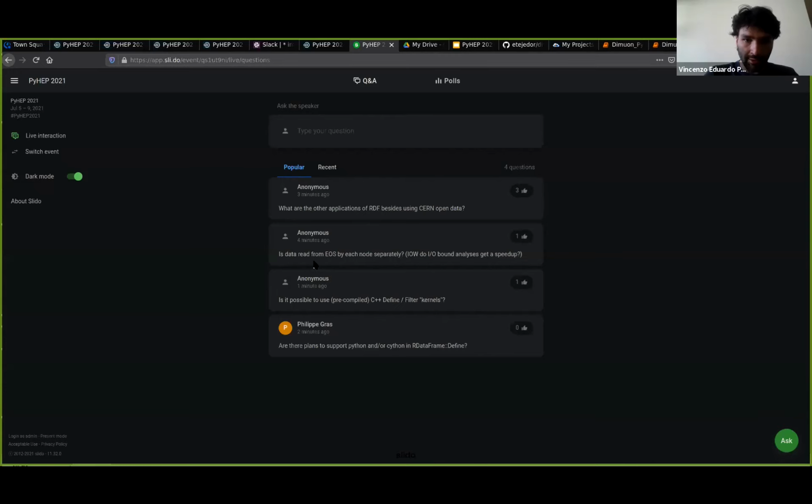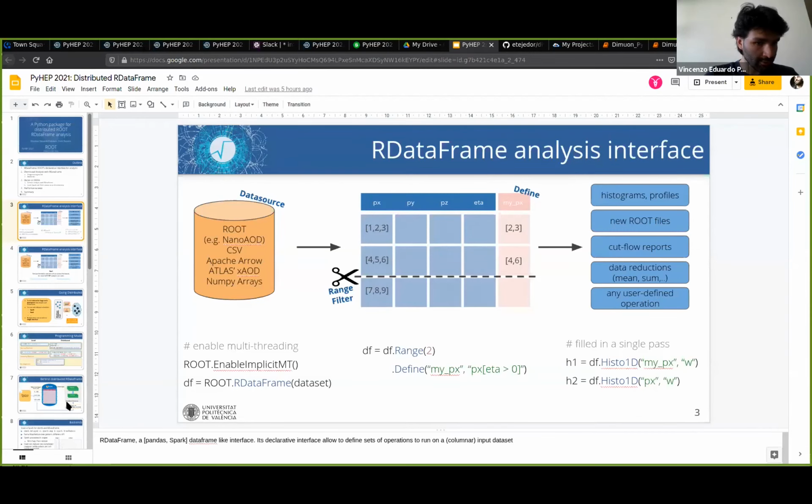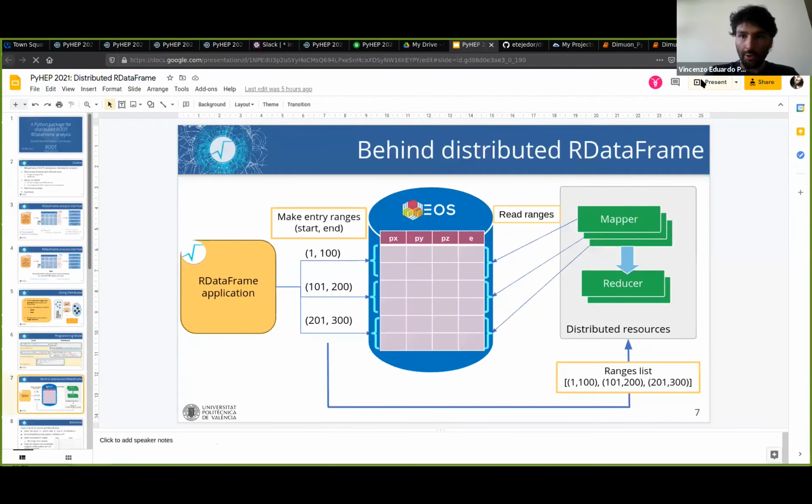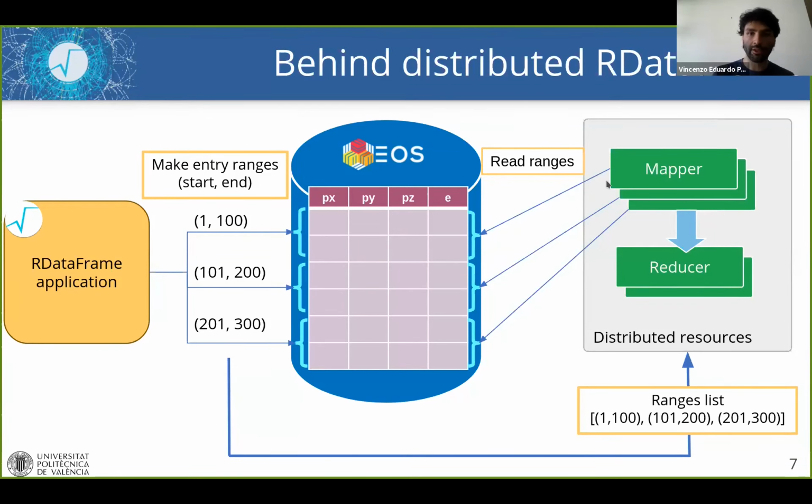Next one. Is data read from EOS by each node separately? In other words, do IO-bound analyses get a speed up? Yes, definitely. As I was trying to explain in this other slide, this one. Distributed RDataFrame works in such a way that each of your tasks in the distributed resources will read only a specific portion of entries.